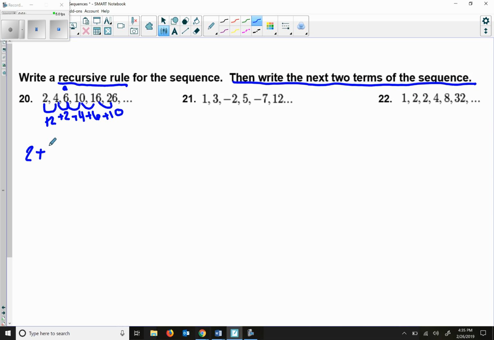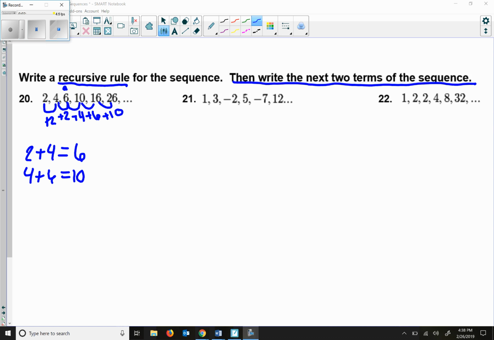That's coming from the previous 2 terms added together. And to find the fourth term, it would be adding the 2 previous terms together. If you take 10 plus 6, that gives you 16. If you take 10 plus 16, that gives you 26.